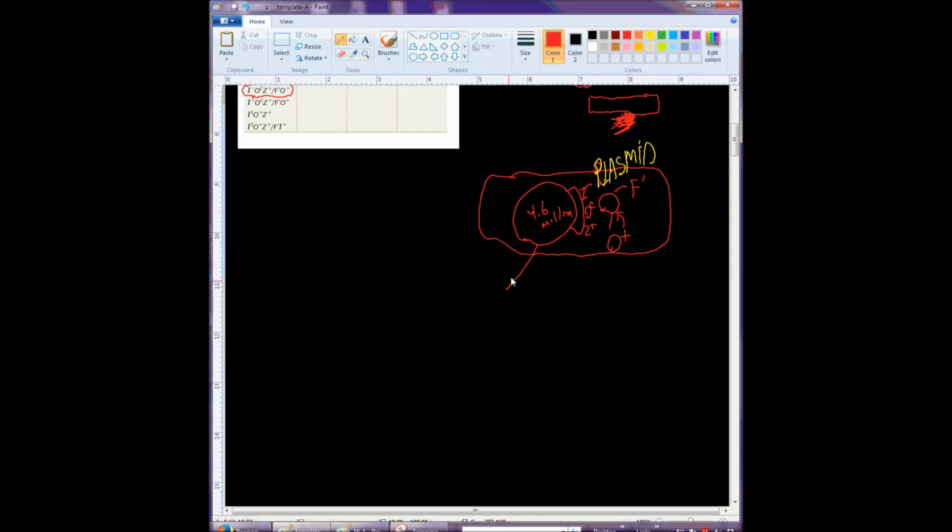So the operon is still at its normal place over here on the chromosome, where we have LAC-I, followed by a little gap, then the start of the operon, where we have the promoter, LAC-O, LAC-Z, LAC-Y, LAC-A.